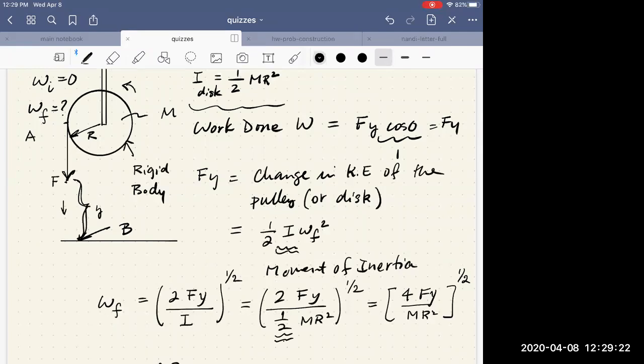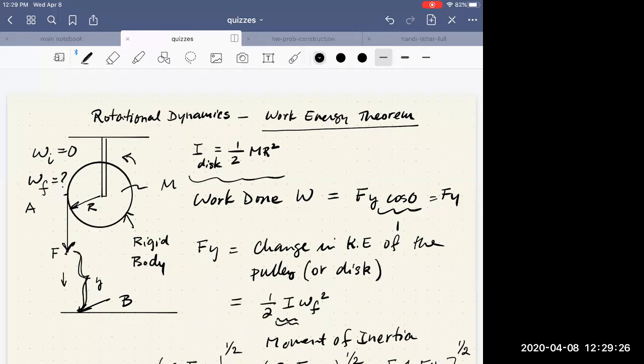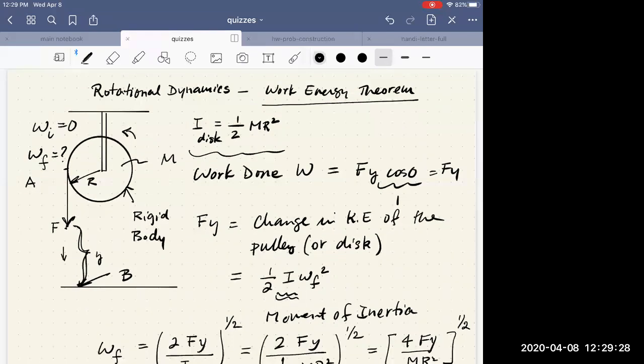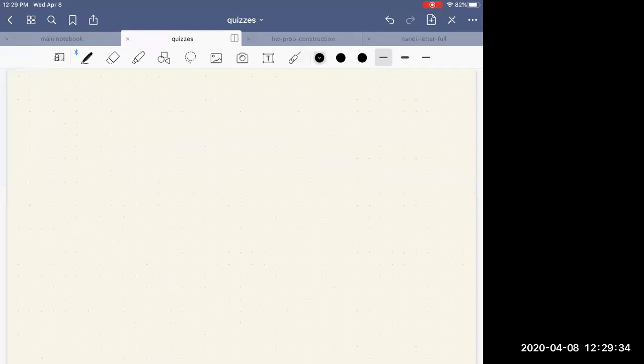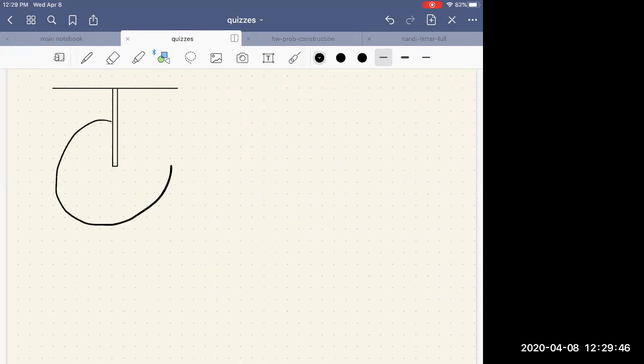We are going to do this problem in a slightly different way, but instead of doing it with work energy theorem, I will do it with energy conservation. So let's do this problem with energy conservation. It's the very same problem, so I'll quickly draw it. Then you have a wheel here.